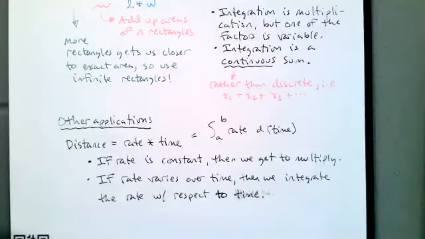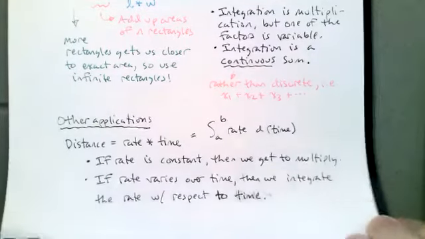Okay, so in this problem, we've got a bunch of information, and we are going to be forced to assume that the rate is constant over time, because we don't have continuous information about the rate. So let's switch pages. Let's take a look at the information that we're given in this problem.